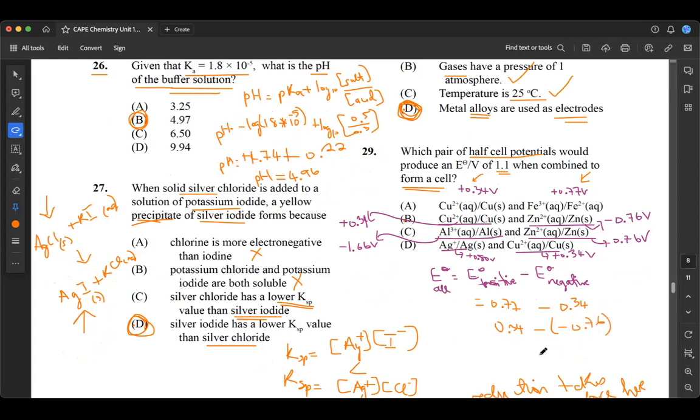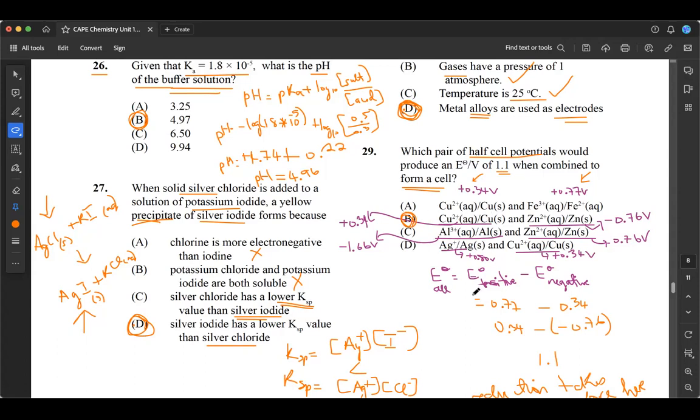And in this case, we will get 1.1. So our answer for 29 then is B. You can go through the exercise of doing these other ones and convincing yourself that you're not going to get 1.1, but we know right away that B will give us 1.1. So this is a reaction that will be feasible, because it's positive and it's 1.1.